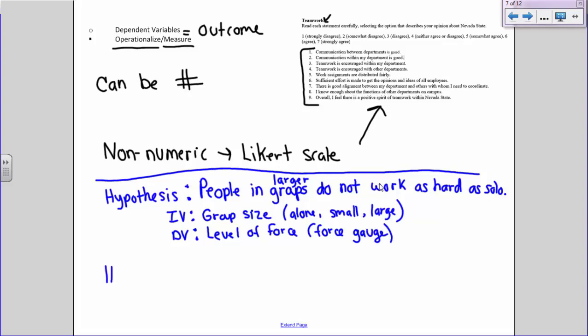Here's another example. Hypothesis. So let's say if we're doing a correlational study, we want to think about teamwork.